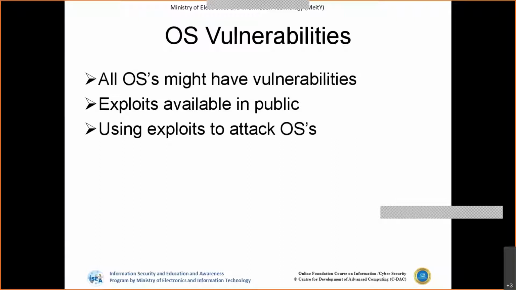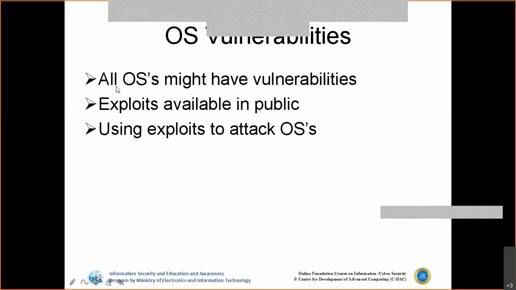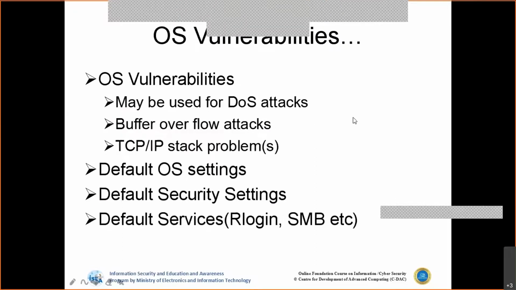So it is very important to keep the operating systems up to date, because if a vulnerability is not patched properly with respect to the recent updates, then it can be exploited, and we can use it to attack the operating system.